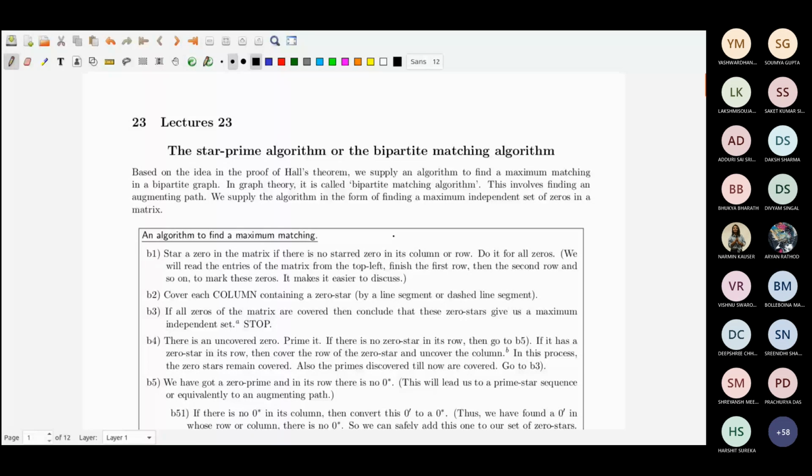The input over here is a non-negative matrix in which zeros are the entries of our interest. So the aim is to find a maximum set of independent zeros. Okay.